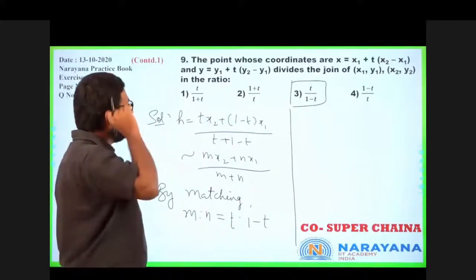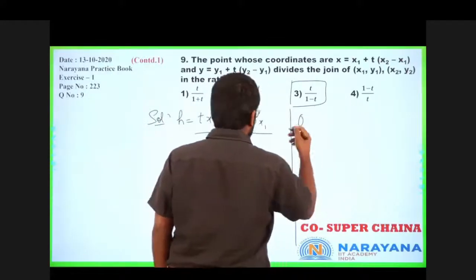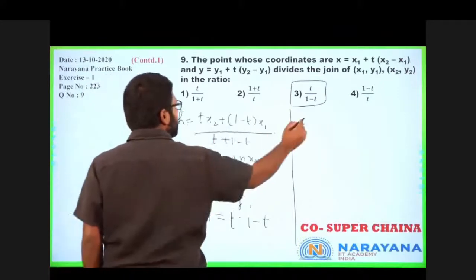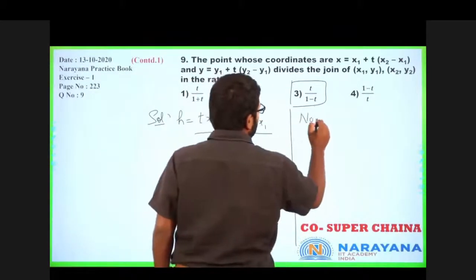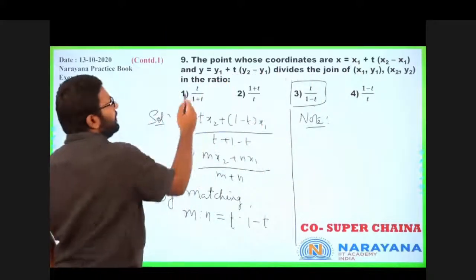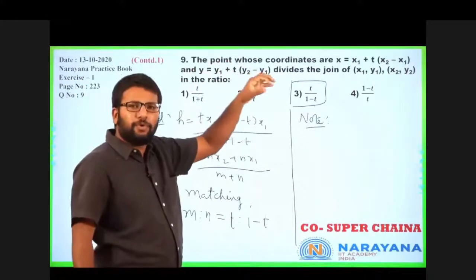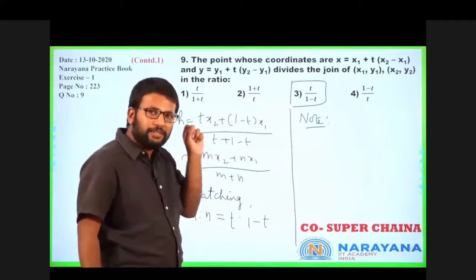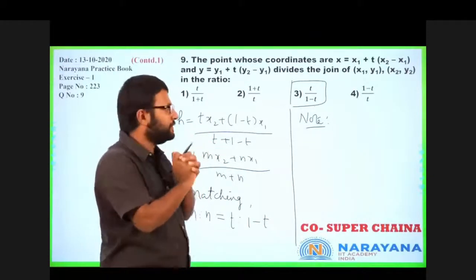Alright. Now I want you to observe. So the answer is done. Consider this as a note. You see these forms, no? x1 plus t into (x2 minus x1), y1 plus t into (y2 minus y1). This is a very useful form when you want to write a general point between 2 points. Okay, a general point lying on the line segment joining 2 points.